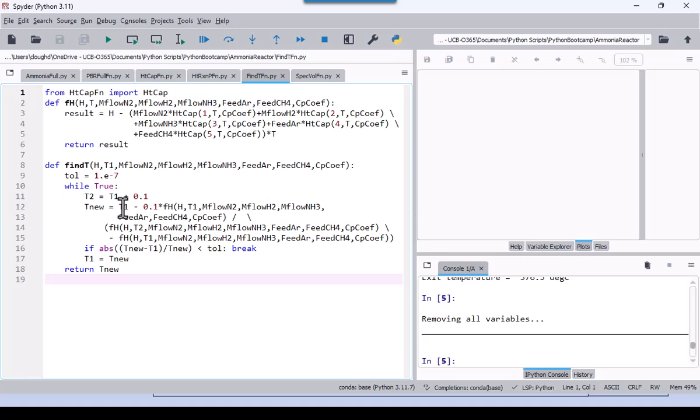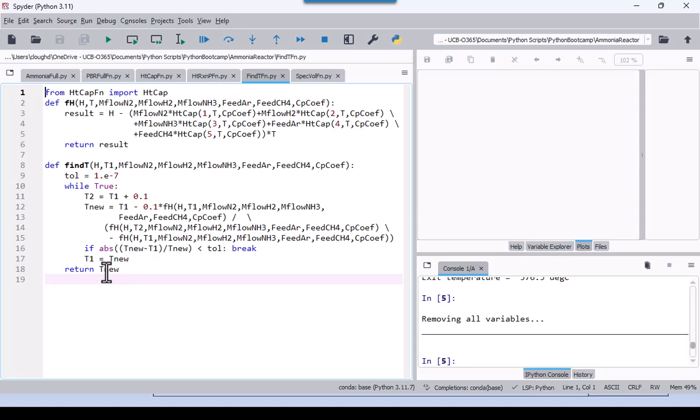And you'll notice it's the function itself, and here's the delta, and it's divided by the function at the modified temperature minus the function at the current temperature. And then we check to see if we've met the tolerance.